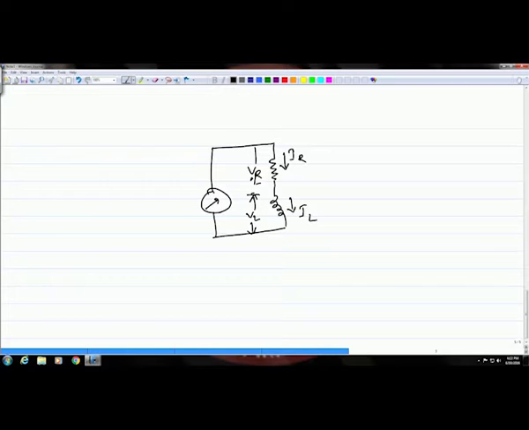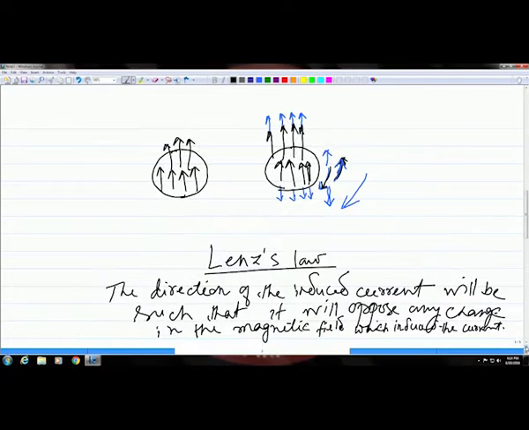Okay, but before that let me tell you what we learned from Lenz's law: this induced current is opposed to the change in the magnetic flux which induced it, and that introduces this negative sign in Faraday's law.